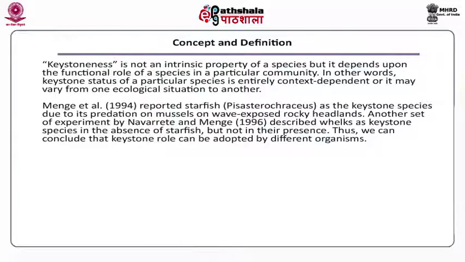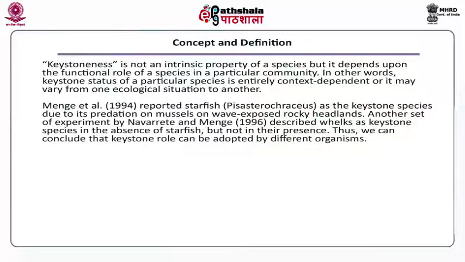Menge et al. in 1994 reported starfish, that is called yellow starfish, as the keystone species due to its predation on mussels on wave exposed rocky headlands.